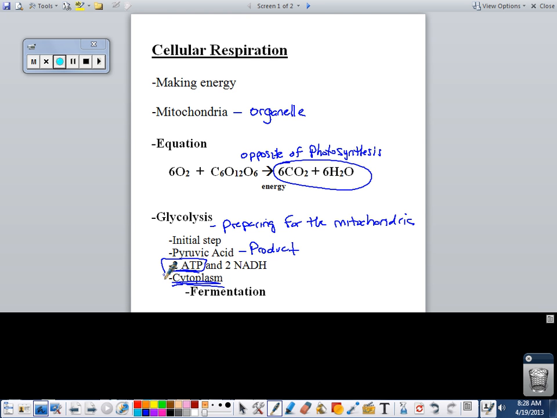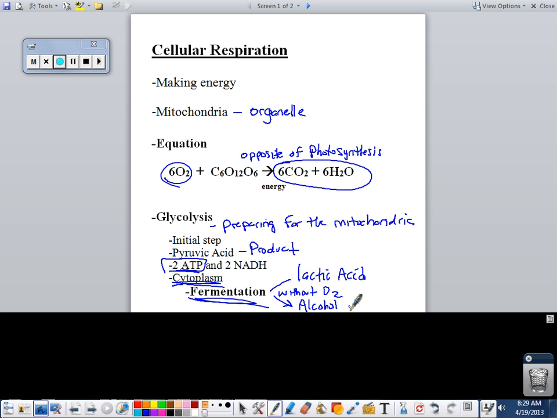There's a process though called fermentation, and this is something that occurs without O2 or oxygen. So if glycolysis is complete and there's not any oxygen to go any further, because oxygen is needed right here if you look at the equation, oxygen is needed for cellular respiration in the mitochondria. So if there isn't any, then that product of pyruvic acid is used in something called fermentation. There are 2 types of fermentation. One's lactic acid, and the other one is alcohol fermentation.